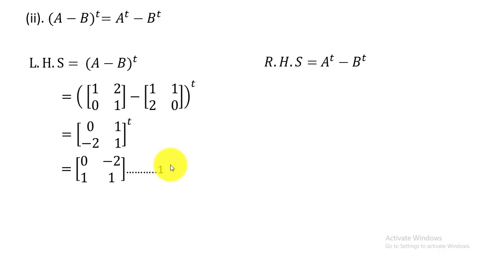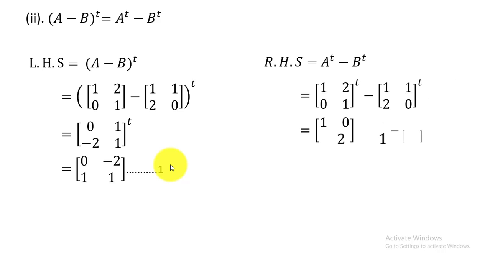Right hand side is equal to A transpose minus B transpose. First, we find the transpose of matrix A and matrix B. So the transpose of matrix A is equal to the matrix having elements 1, 0, 2 and 1, minus the matrix having elements 1, 2, 1 and 0. Now find the difference of these two matrices.